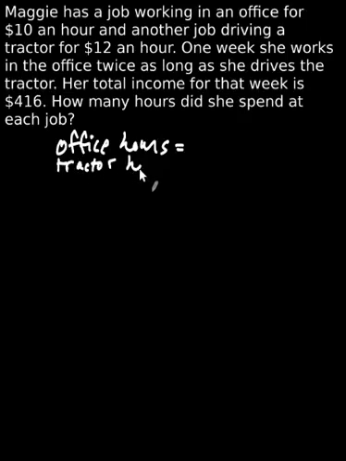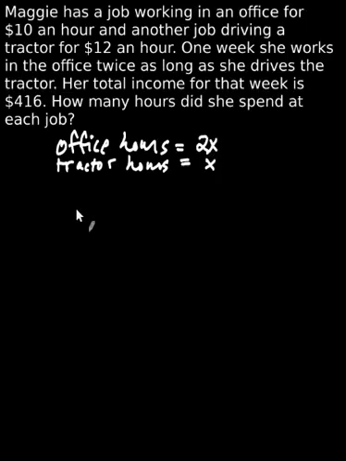Once again, we want to let one of these be x. How are they related? This sentence right here: one week she works in the office twice as long as she drives the tractor. That means if I let x be the number of hours she drives the tractor, she works in the office twice that number of hours.